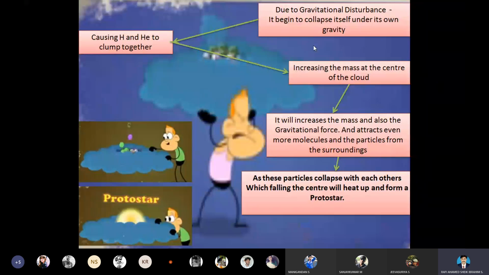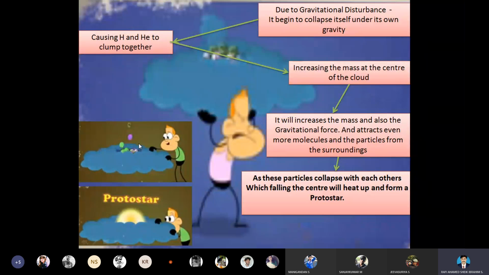Due to the gravitational disturbance, it begins to collapse under its own gravity. This causes hydrogen and helium to clump together, and they increase their mass at the center.